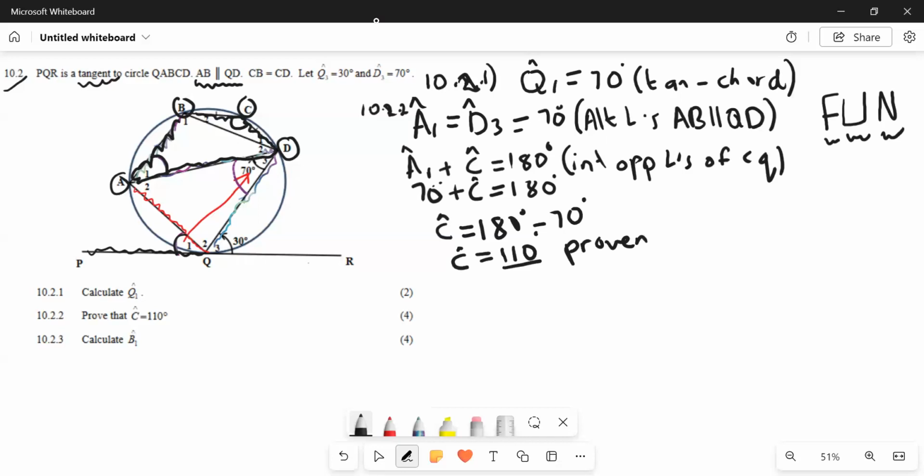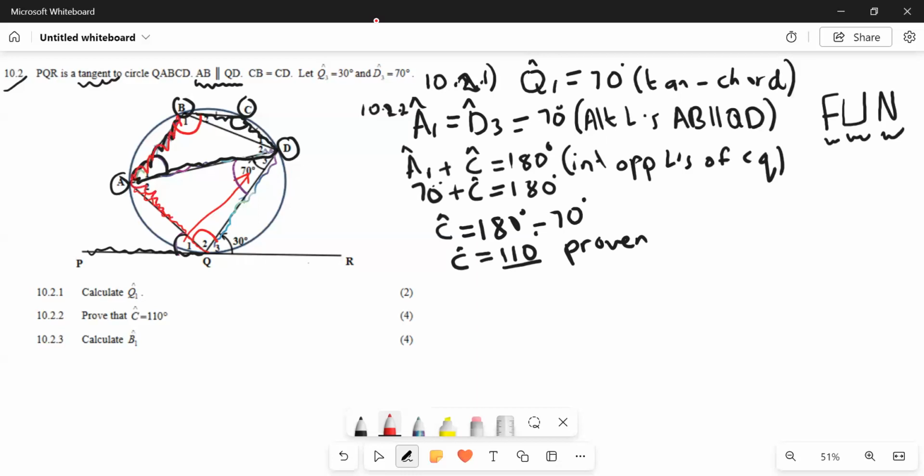Now we need to calculate B1. So if we consider Q2 and B1, those are interior opposite angles of a cyclic quad. Which cyclic quad?